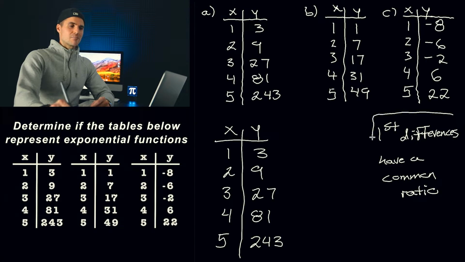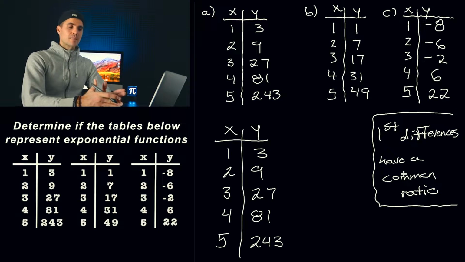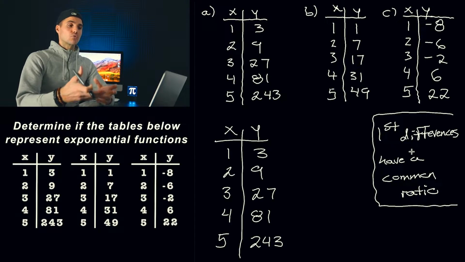And that is the master rule right there. Or that's the master thing to check whether it's an exponential function or not, right? For any exponential function, for any table of values, any equation, the first differences always have a common ratio. It's not that the first differences are the same or constant, that's a linear function. They have a common ratio.